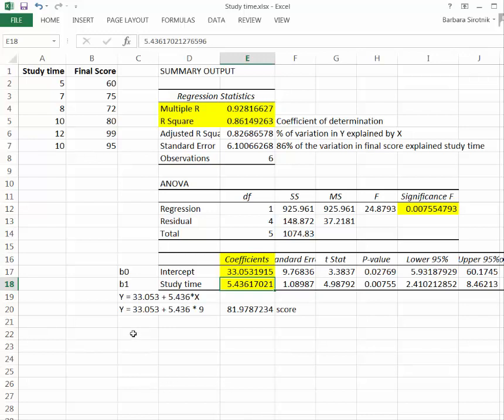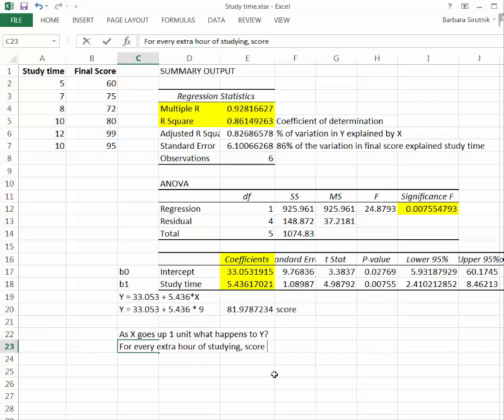Well, that's the slope. And the meaning of a slope is, as x goes up 1 unit, what happens to y? Well, in this case, since X is hours of studying and Y is score, that says for every extra hour of studying, the score goes up by 5.436 points.